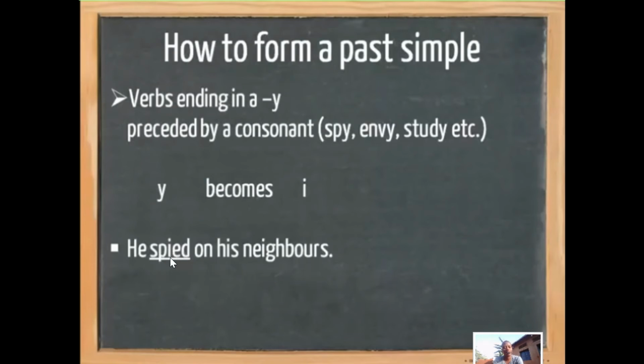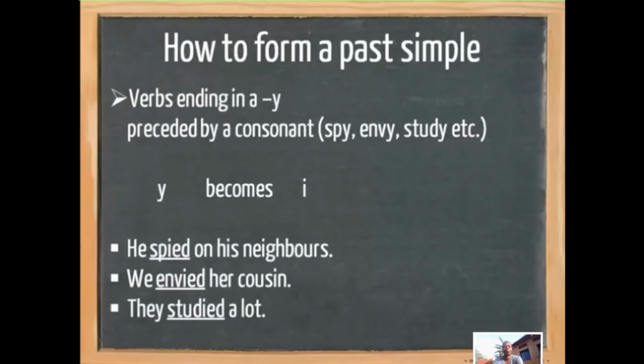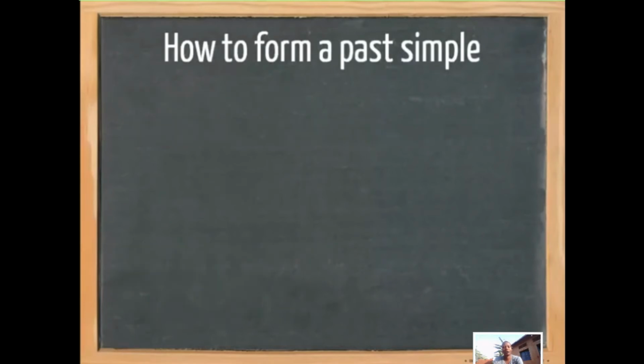This was y, then we change it into i. We envied her cousin. This one was y, we change it into i before we add ed. They studied a lot. Those were examples.